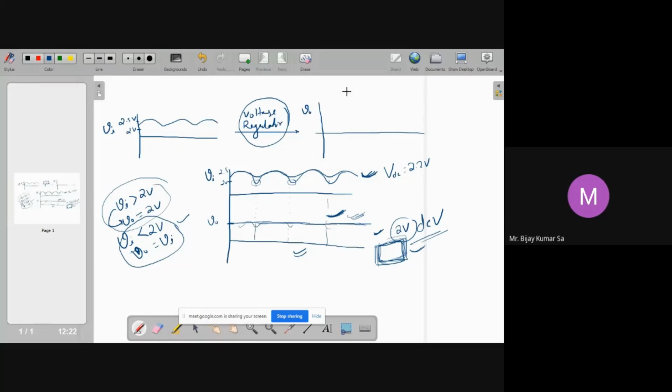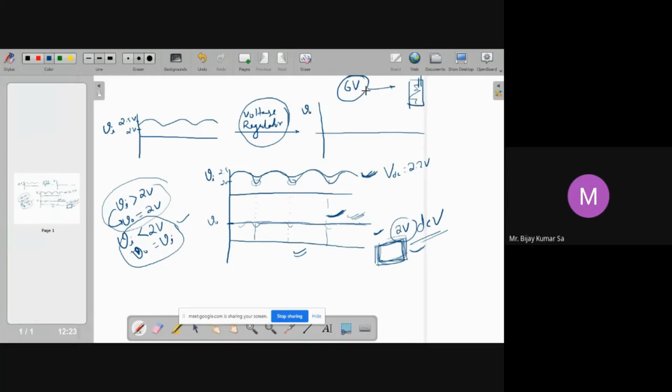Okay, so whenever you have, let's say, your mobile charger. Let's say it charges at 6 volt DC. Your mobile charger gives 6 volt DC to charge your mobile device.